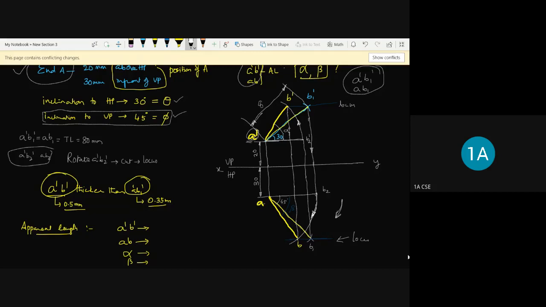Whatever dimension data is given has to be represented here. So 80 mm is given, 30, 20 is given, 45 degrees is also represented, and alpha and beta we need to find out and represent the angle you have got. For example, beta is 50 and alpha is 45 degrees or 41 degrees. Whatever the angle you got, you have to mention here.